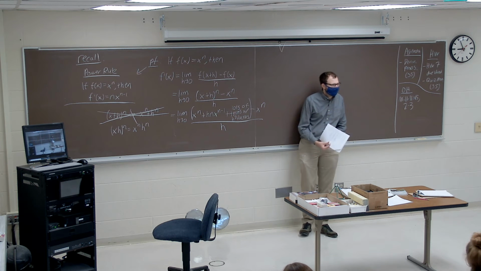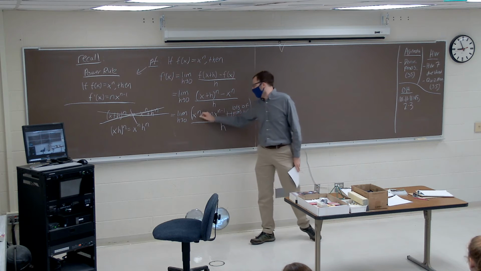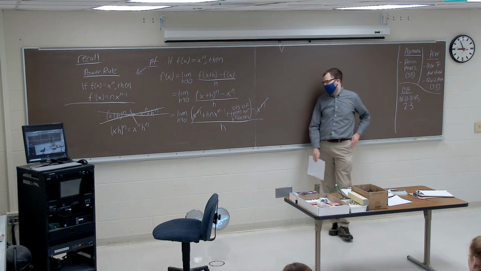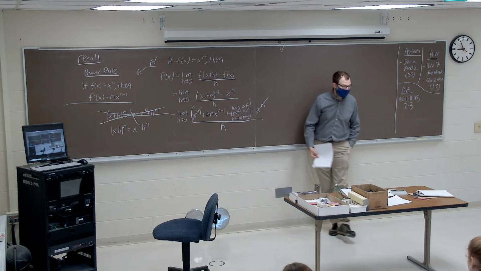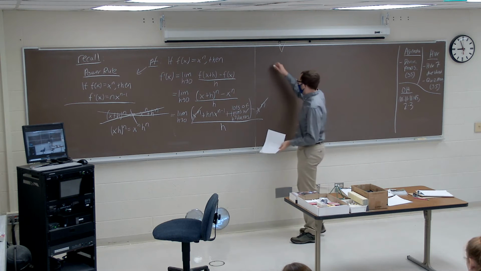First, you should cancel out your x to the n. We have a plus x to the n and a minus x to the n. Those will cancel out nicely. I don't see anything else in the numerator here that's going to necessarily cancel out right away. Can you factor out an h from the top? Okay, so what's the factor out in h?